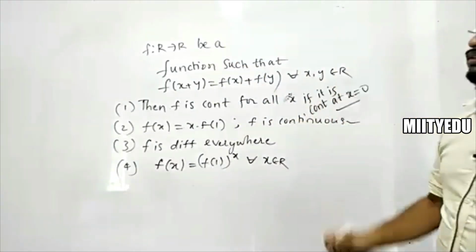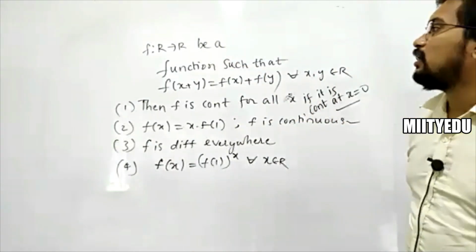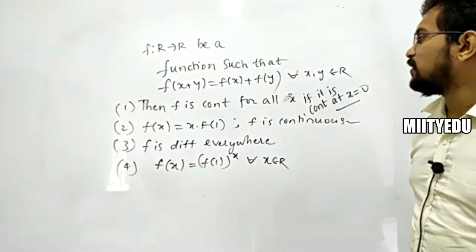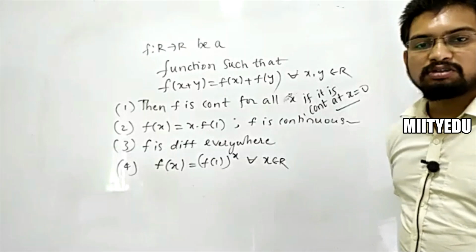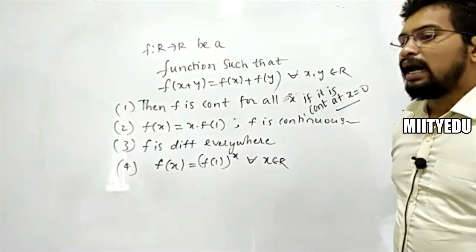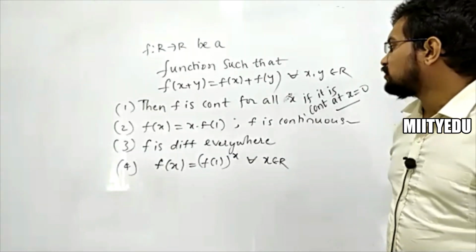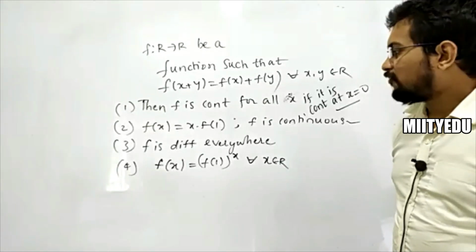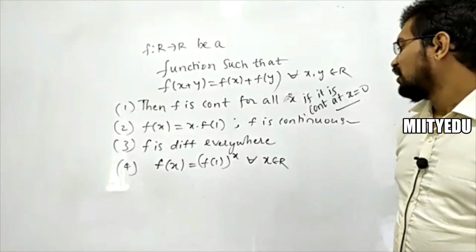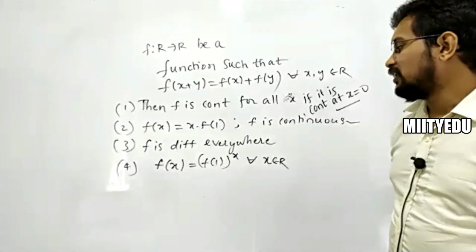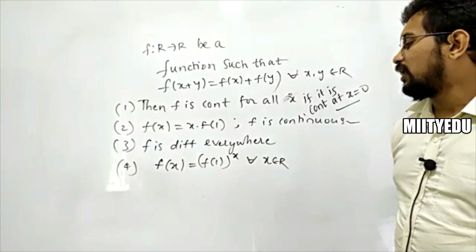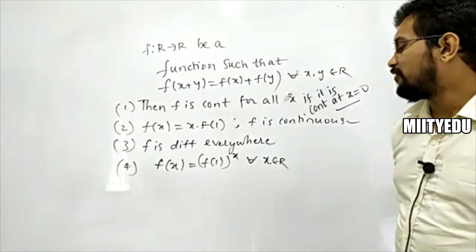So this is the question. f is a mapping from R to R such that f of x plus y is f of x plus f of y for all x, y belonging to R. I'll give you options something like this. Second: f of x is equal to x into f of 1, that is, f is continuous. Third: f is differentiable everywhere. Fourth: f of x is equal to f of 1 whole power x for all x belonging to R.